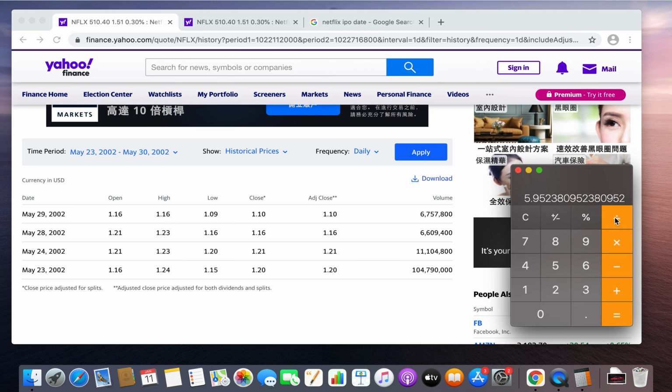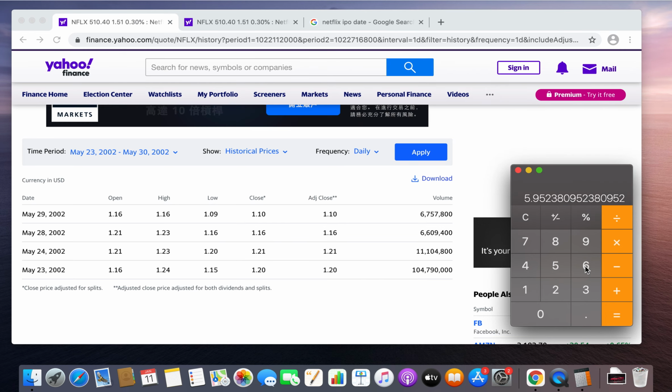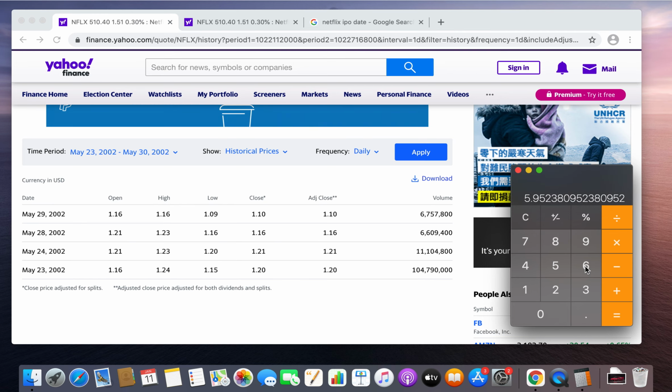Just to simplify this example, we're going to assume that back in 2002, you could buy partial stocks, which may not be true, but I just assume it so that we can make this example simpler, and we can actually calculate the return for exactly $100.